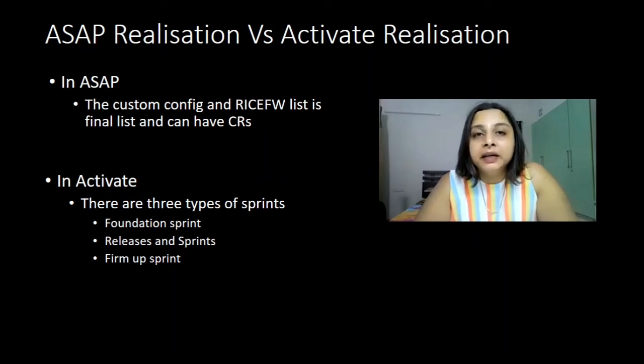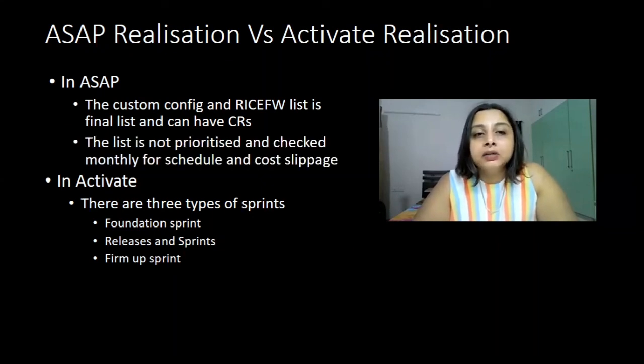And at the end, because you will have multiple teams, let's say there are multiple modules like SD module, or FI module, they are working in different releases, and at the end you will need a firm up sprint to check whether all the organizational processes which are across departments or across modules are working end to end. For that, you will need a firm up sprint.